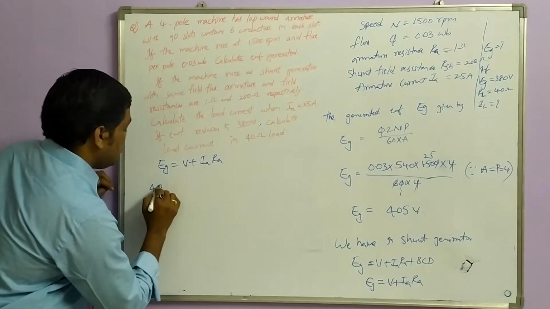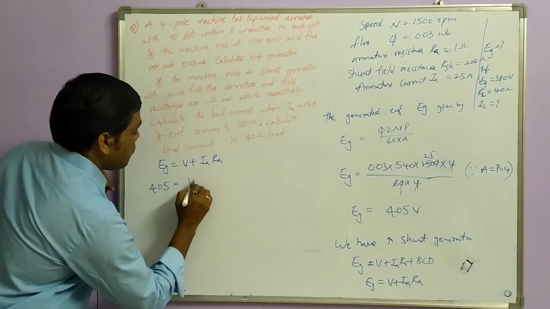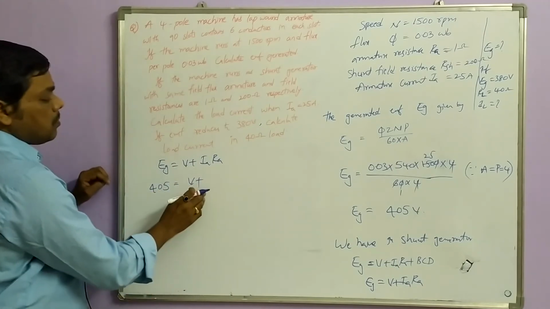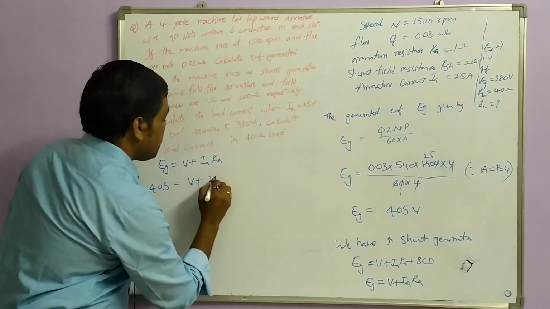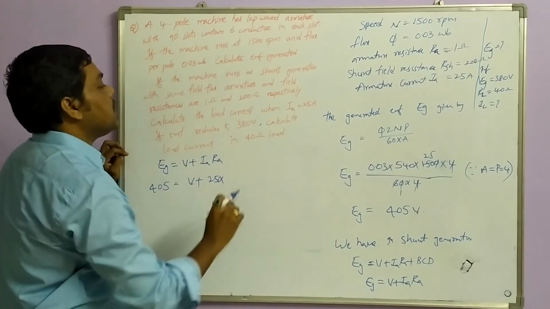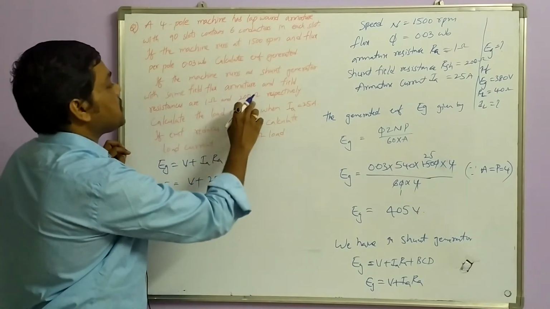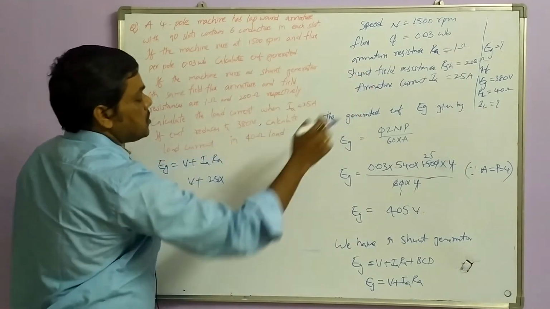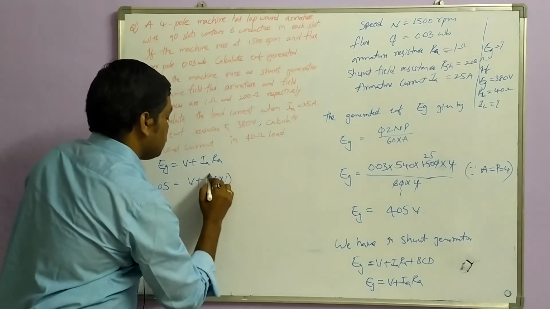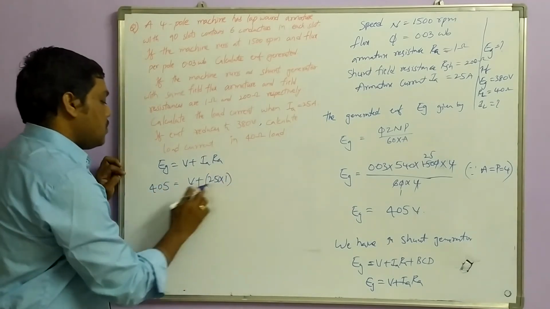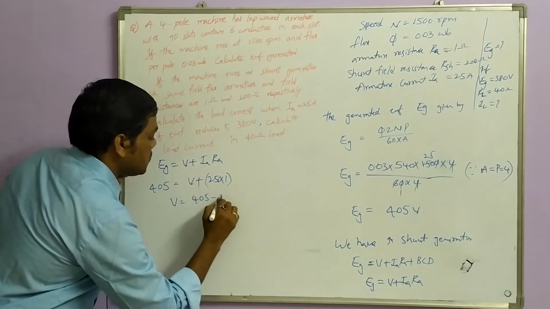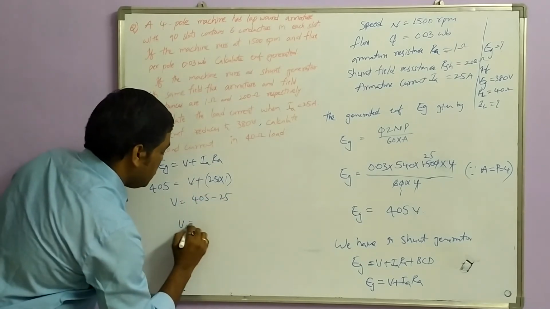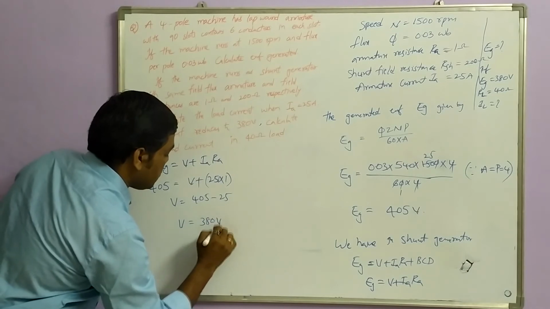EG is 405 and V we have to determine, plus the armature current 25 multiplied by the armature resistance 1. So V is equal to 405 minus 25, which is 380 volts.